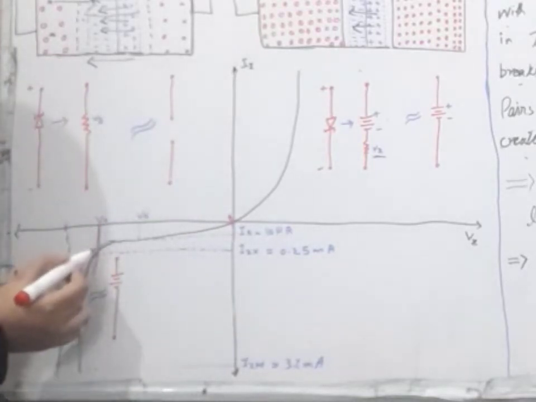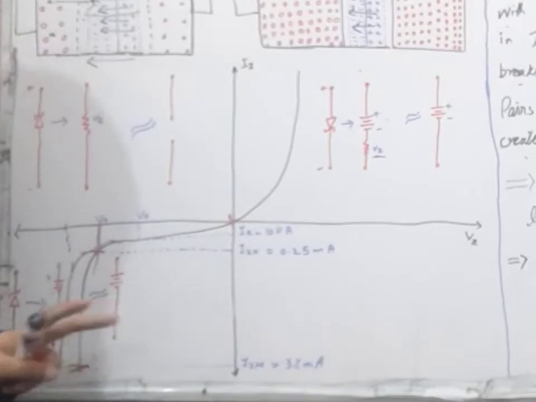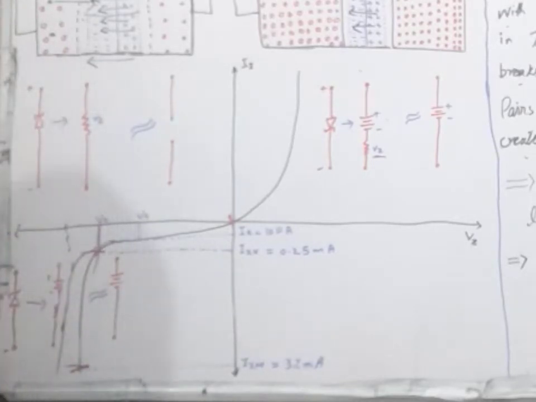Now in this region, this is our diode which is also reverse biased, and it will have a battery-like shape and the resistance, but here the current is flowing, which means the resistance can be neglected. So we will have the final circuit like this.